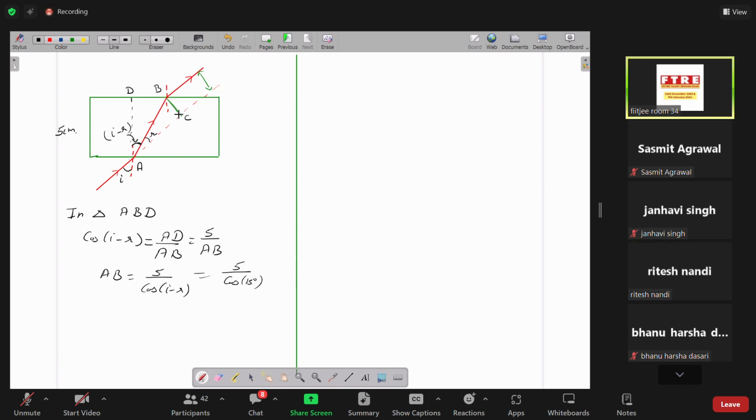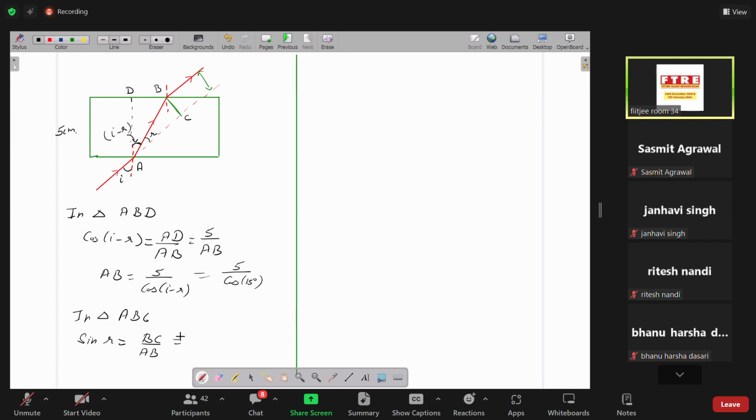Now in this triangle, because we are interested to find out the value of BC, in triangle ABC, ठीक है, BC means perpendicular. So sine of R is equal to BC upon AB, right?